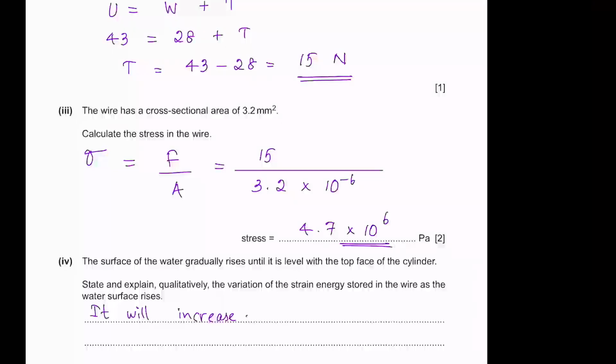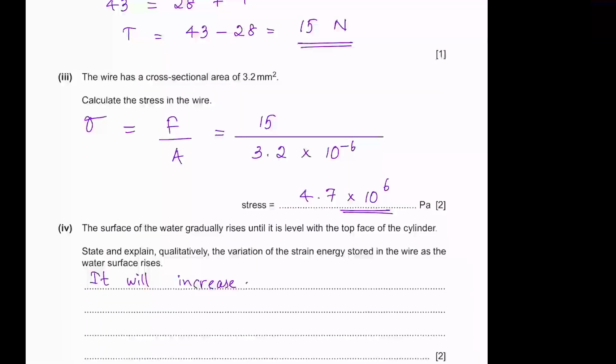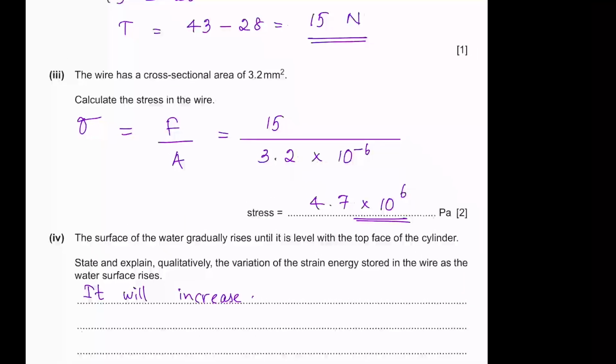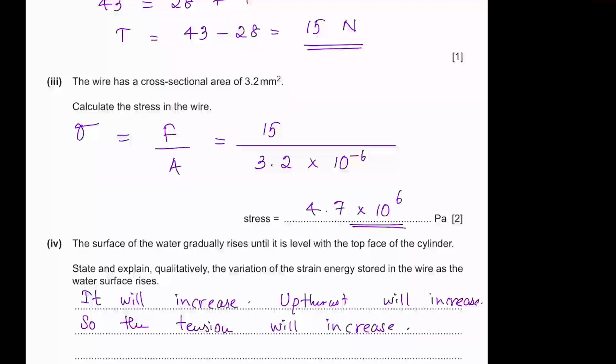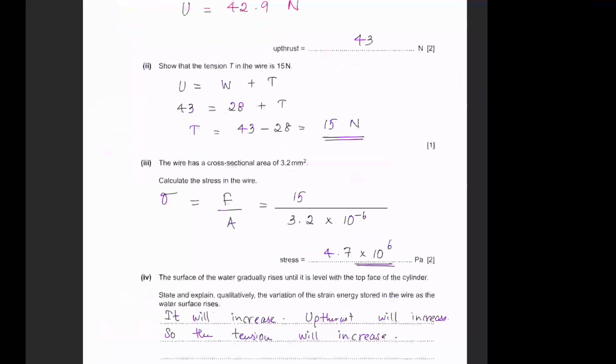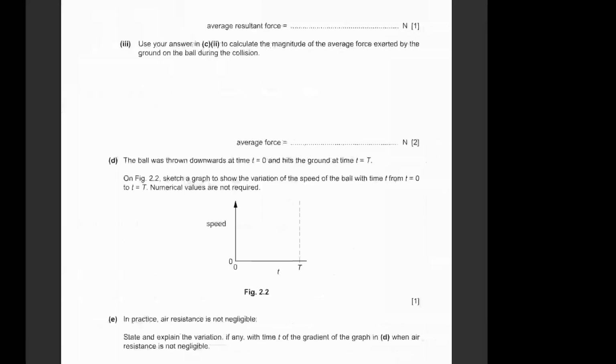So simply: upthrust will increase, so the tension will increase. That's it. Tension is increasing, so the strain energy will increase. That's it. Right. Question 2.